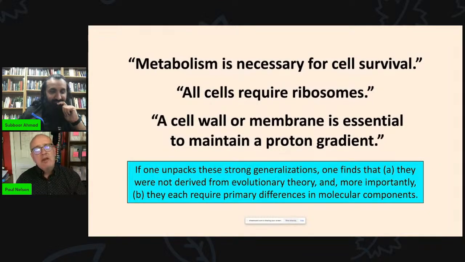The second point here, B, is the one that really matters. If you think about metabolism or the structure of the ribosome or what goes into a cell wall, even in a bacterial cell, if you think about the actual molecular parts that are required, they're diverse, and there are primary differences exhibited by them. Now, you might say, well, Paul, that's a modern cell.